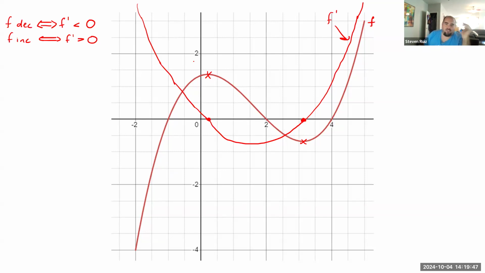So I'll give you an extreme case here. What if I had some function f and I had the 36th derivative of f? It's really, really hard to think about how f is related to the 36th derivative of f. But let's say I took the derivative of that and I got the 37th derivative of f.